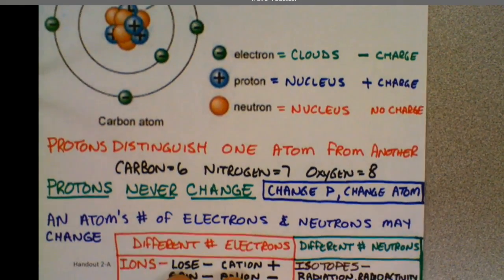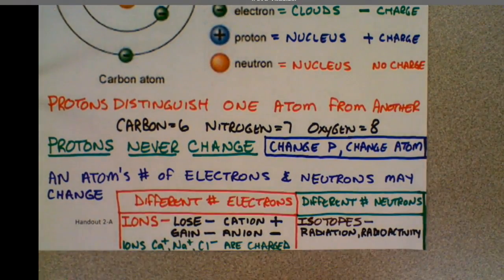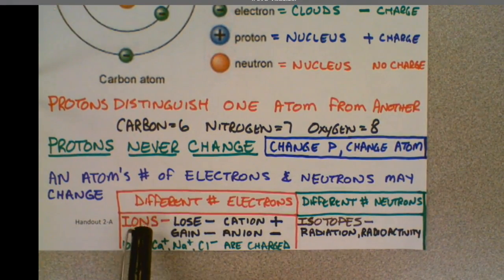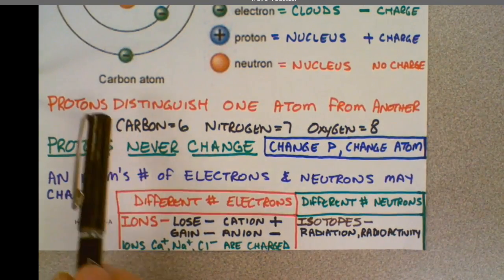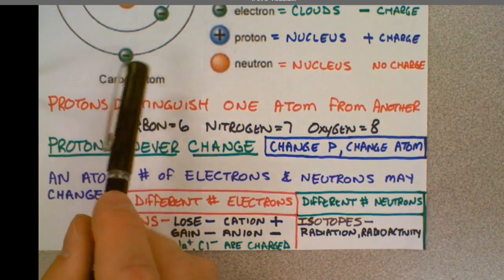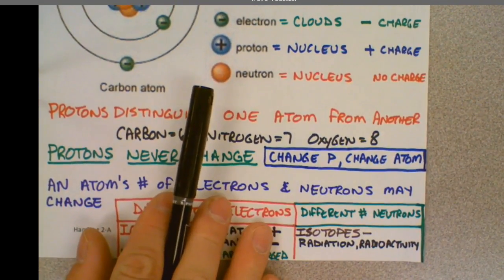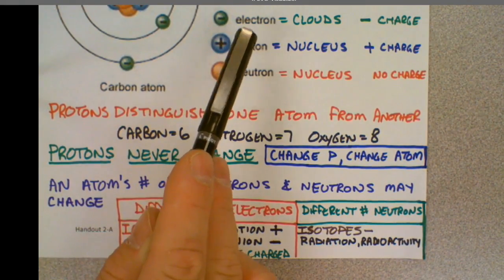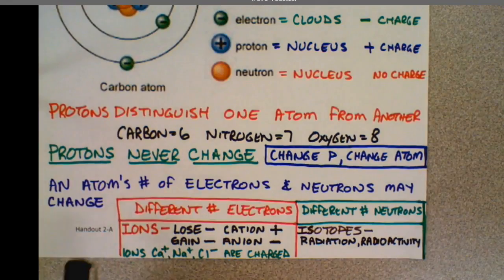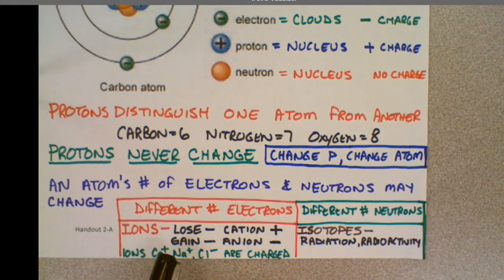But if we gain or lose an electron to make this atom called an ion, we're going to change the number of electrons. So if I add an electron, this atom is going to become negative because I'm going to have more negatives than positives. We denote this by putting a plus or a minus next to the atomic symbol.